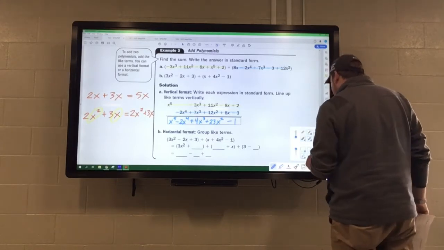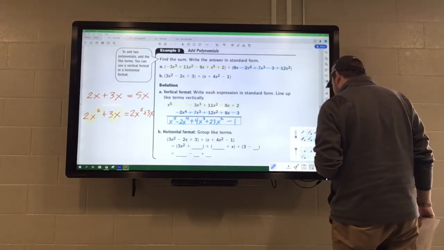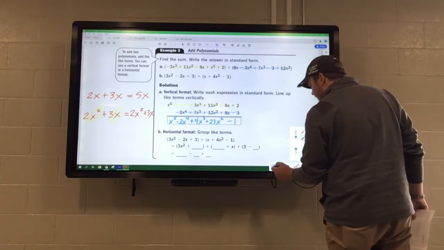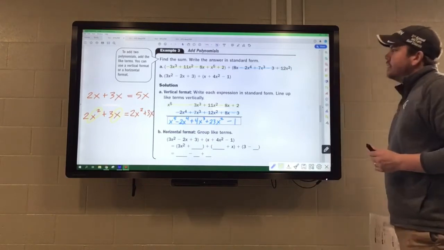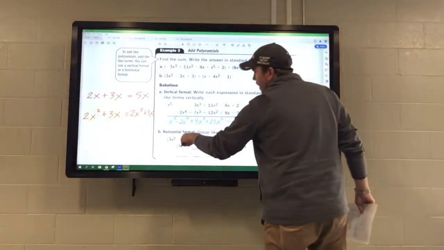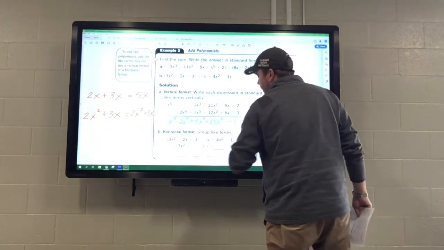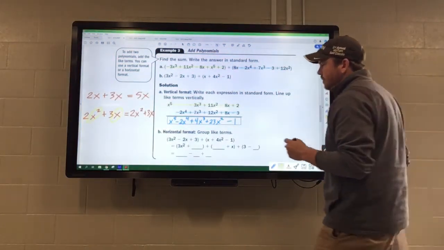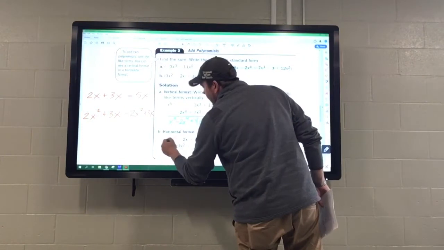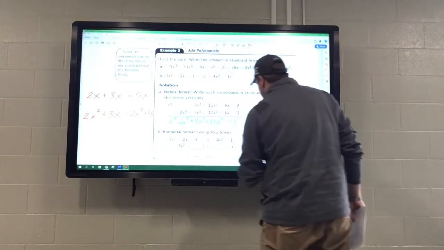Now, our other method is the horizontal method. And let's do that for our second example. So in this one we have 3x squared minus 2x plus 3 plus x plus 4x squared minus 1. And what we want to do is group like terms. So 3x squared will group with 4x squared.